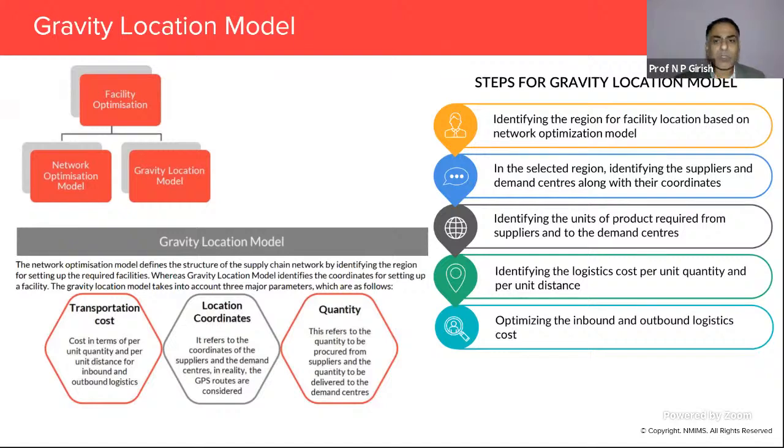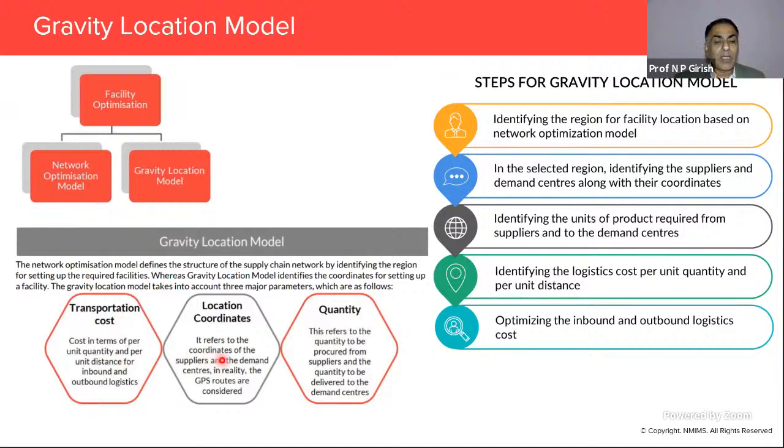Got it? Okay. So just like the network optimization model, in the gravity location also, we need to answer and understand various concepts. What are those? One is the transportation cost. So now we are talking about the network optimization model has answered the question of where. Over there, now we are deciding which location. So this really talks about transportation cost per unit, an estimate.